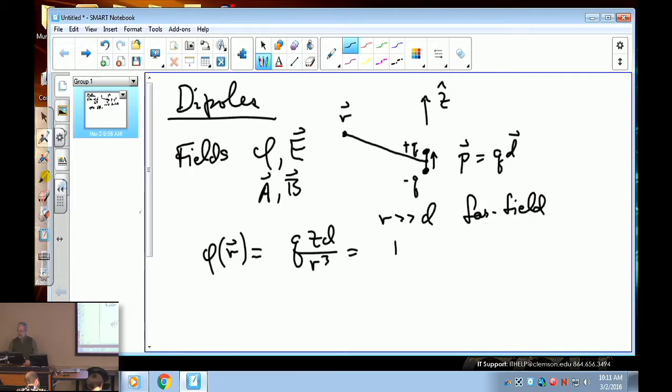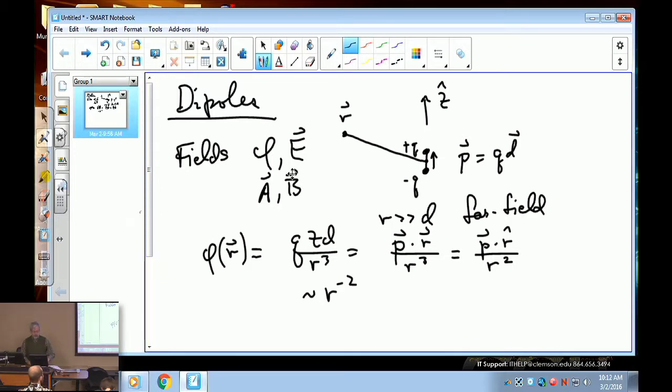Written in terms of p, this is p dot r over r cubed, or in terms of r hat, dividing out a distance from the numerator and denominator, p dot r hat over r squared. So phi has a definite dependence on the angle, and phi will go like r to the minus 2 in the far field. That's a very compact way of writing phi.